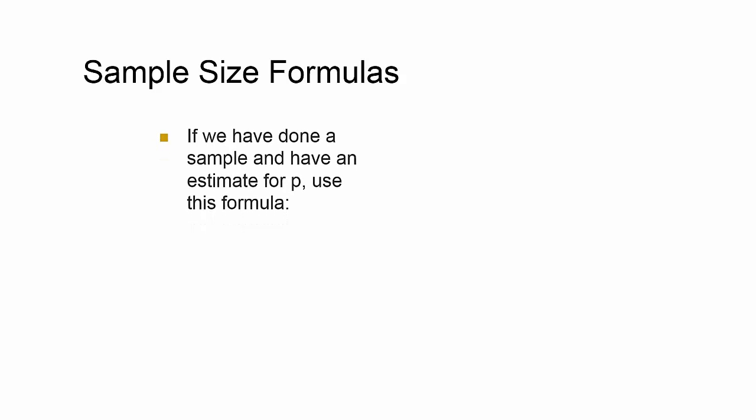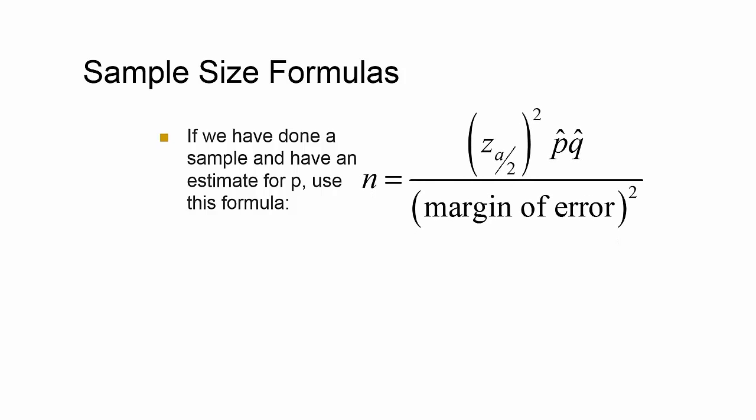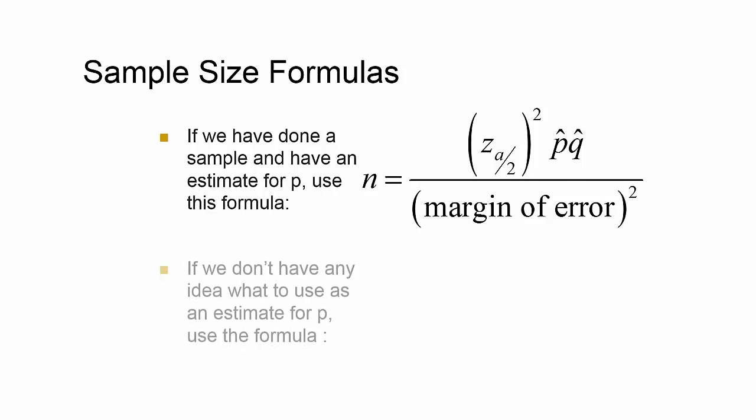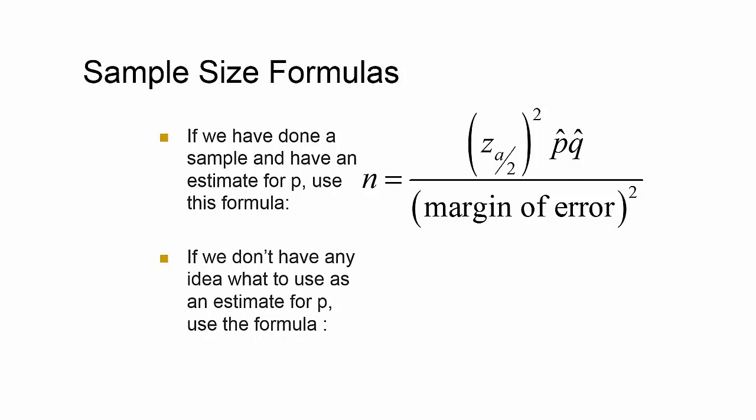So if we've done a sample and we have an estimate for p, this is the formula that we would use to find n. So n is z sub alpha over 2 squared, so it's the critical value squared, multiplied by p hat multiplied by q hat, and then we divide that answer by the square of the margin of the error.